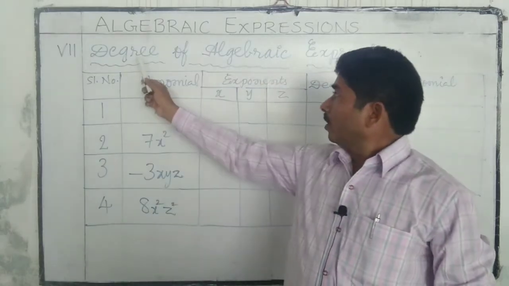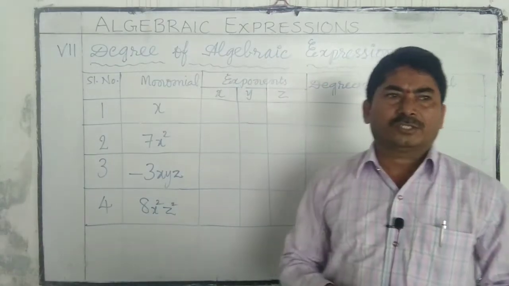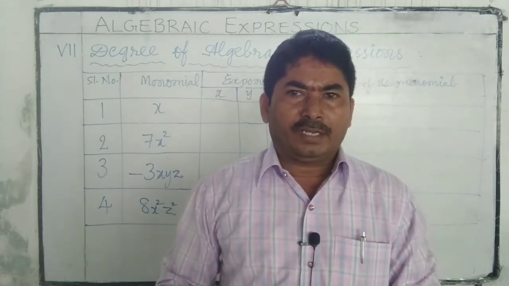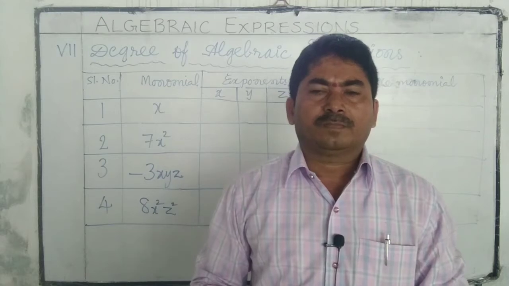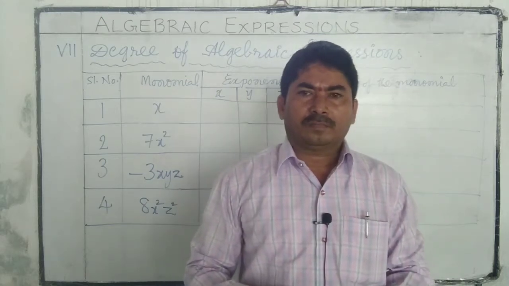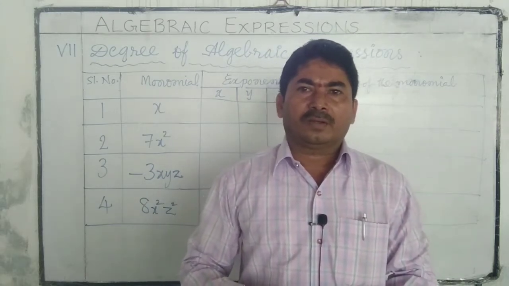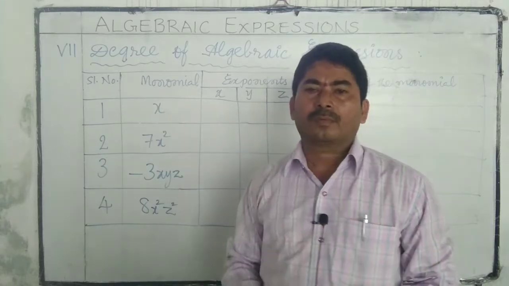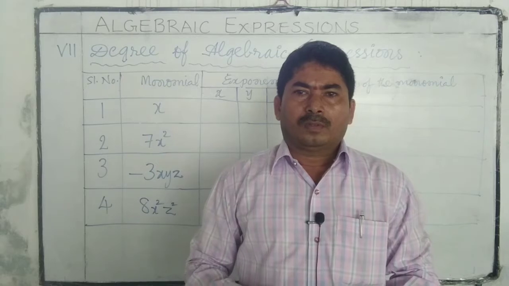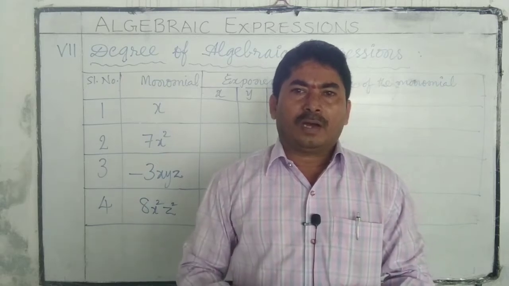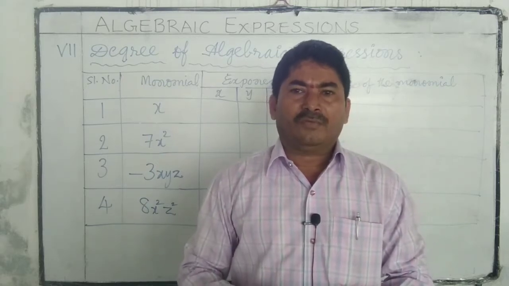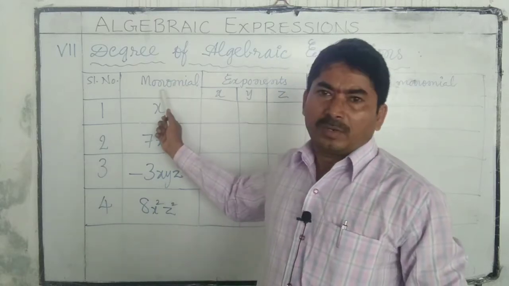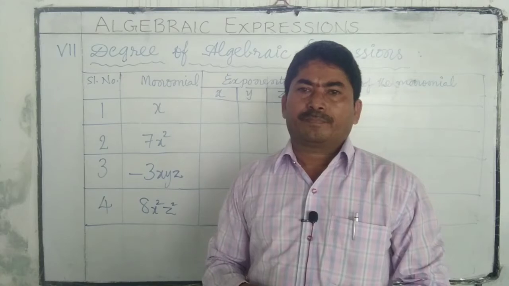Degree of algebraic expressions. Before discussing degree of algebraic expressions, let us understand what the meaning of degree of monomial. The sum of all the exponents of the variable is called degree of monomial.